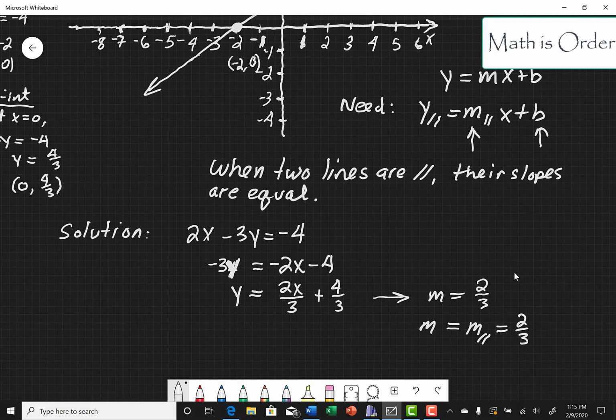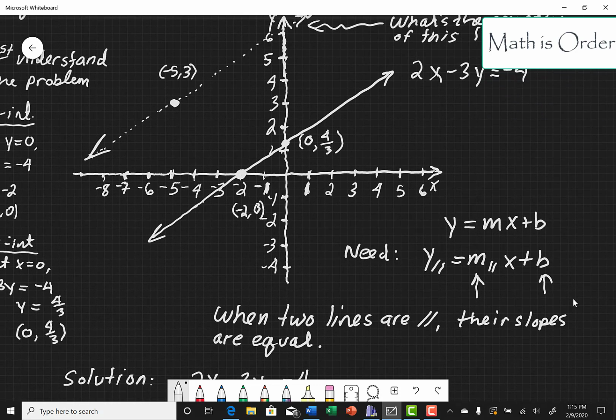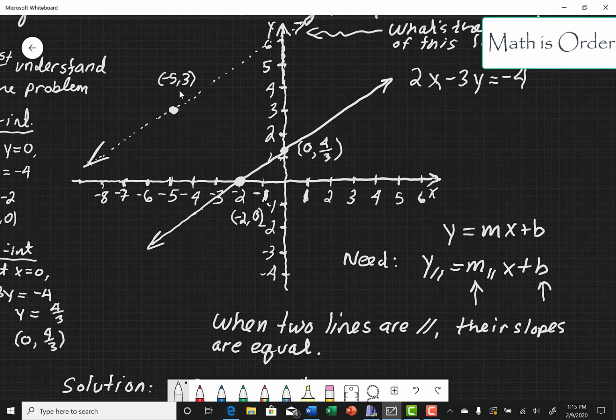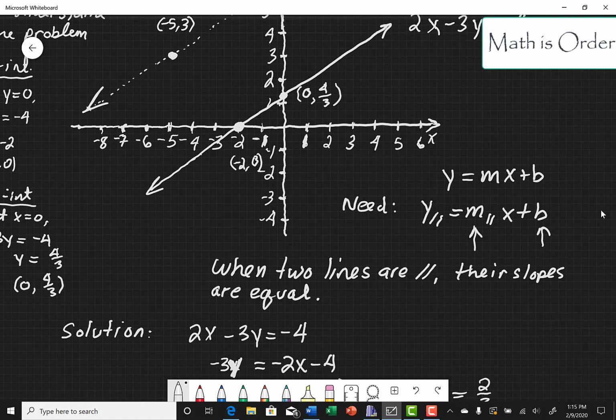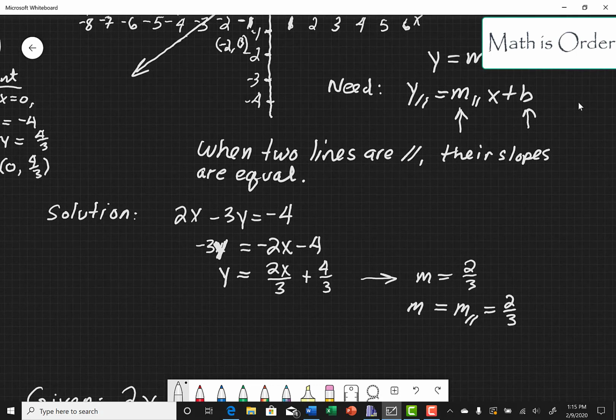All right, next, since we've got the slope and we've got a point, negative 5, 3, a convenient way to solve the rest of this equation is to use the point slope formula. So let's go ahead and do that.